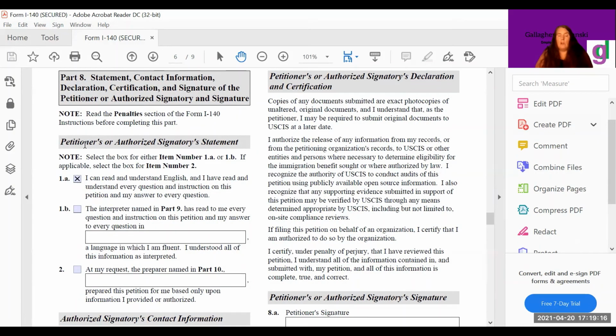You're the petitioner, and you're actually the authorized signatory would be that they're authorized to sign for you, but you're signing. So you check here. You can read and understand English. Don't have an interpreter. You didn't request somebody prepare it for you. You filled it out yourself by watching this video and learning how to do it.